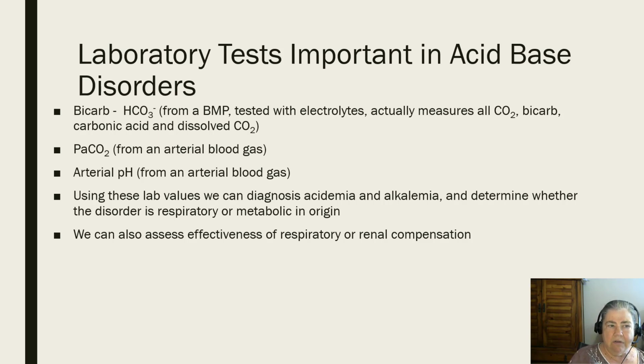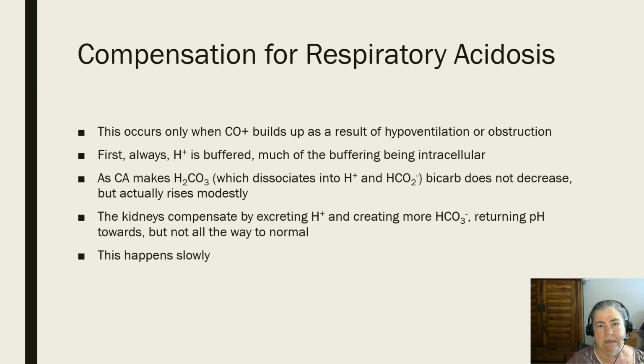So using these values, the bicarb level on the BMP, and then the partial pressure of CO2 and the arterial pH, we can diagnose acidemia or alkalemia, and we can figure out whether it's respiratory or metabolic. And we can also see whether there are the mechanisms of respiratory and renal compensation taking place.